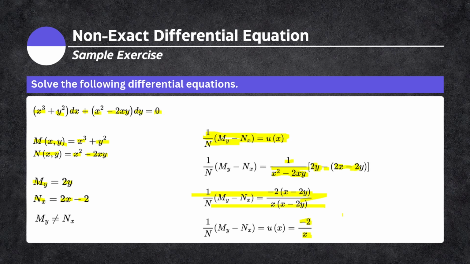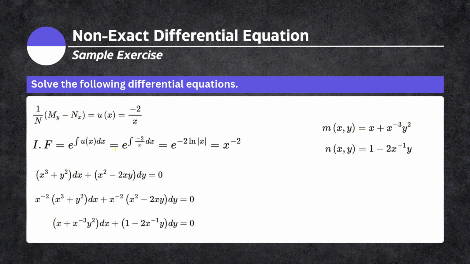And now we can use this to get the integrating factor. The formula here will be the integrating factor equals e raised to the integral of u of x dx. Just simply substitute the value of u of x here. So we have e raised to the integral of negative 2 over x dx.